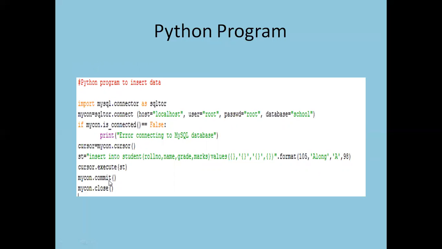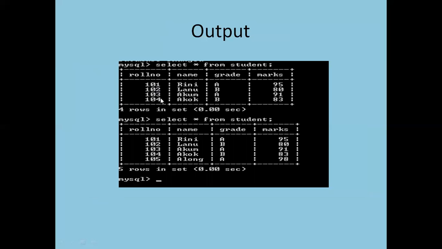Cursor.execute and mycon.commit mean that as soon as you insert this data into your table, you make sure that you commit it, and then you close your database connection as well. After this you should see this output. Earlier in my table I had only four records: 101, 102, 103 and 104.